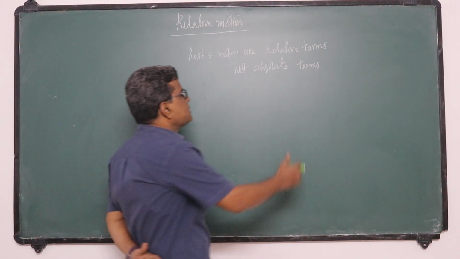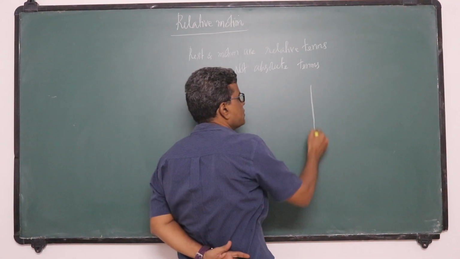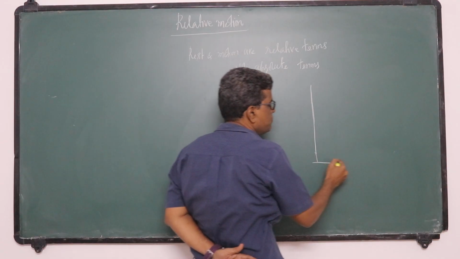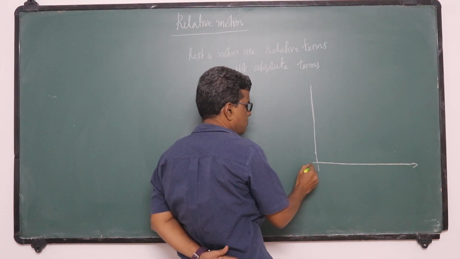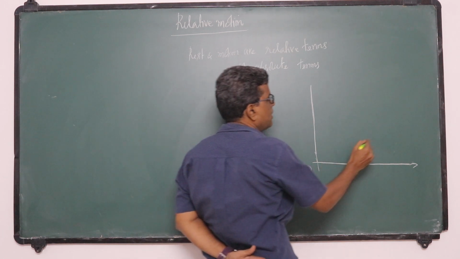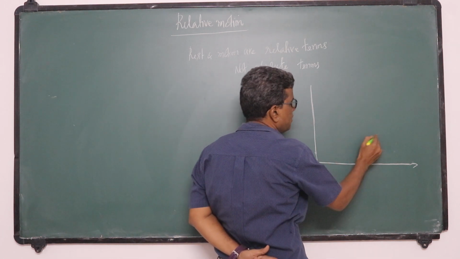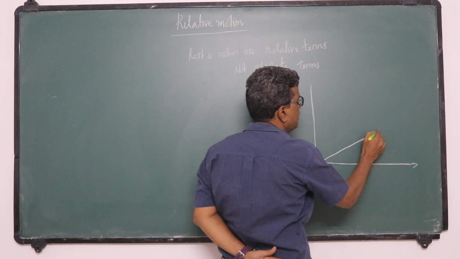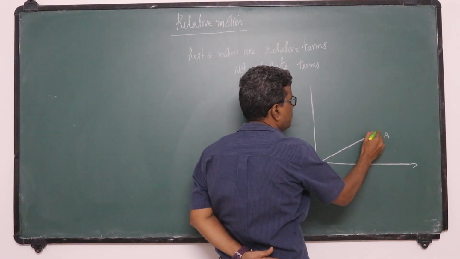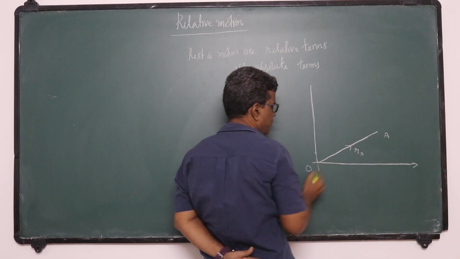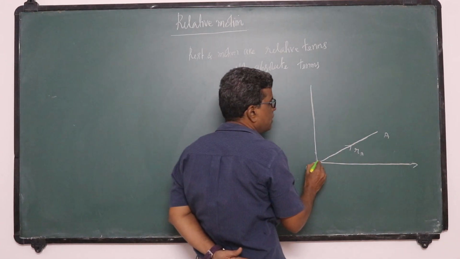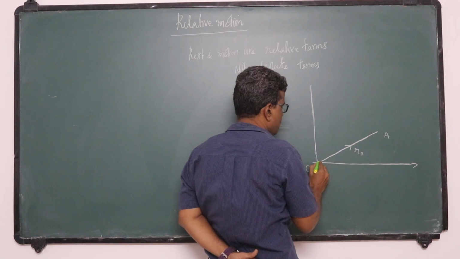Okay. Let us consider two particles. Okay, you consider origin, two particles A and B. So particle A is here at a position, let it be RA. Okay, and the B will be here.